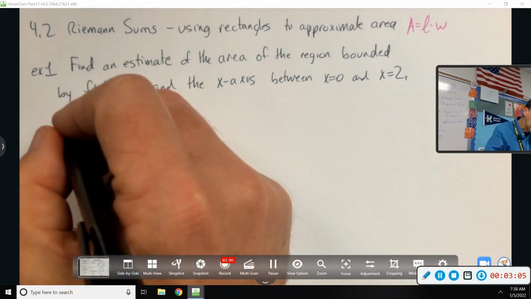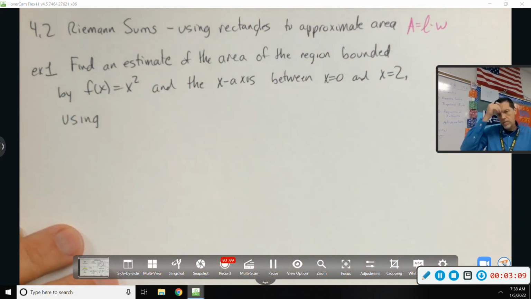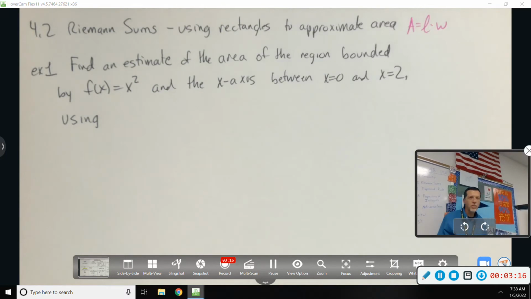We need to specify more how we want to do that. So using... you know what, let's pause there and draw the picture that it's talking about, and then we'll worry about more of the details.